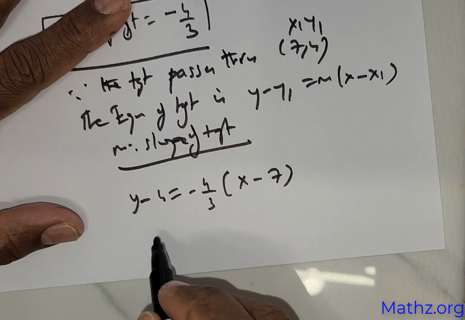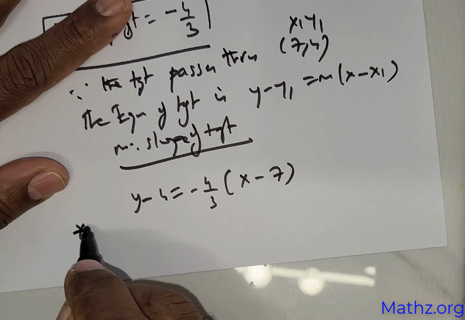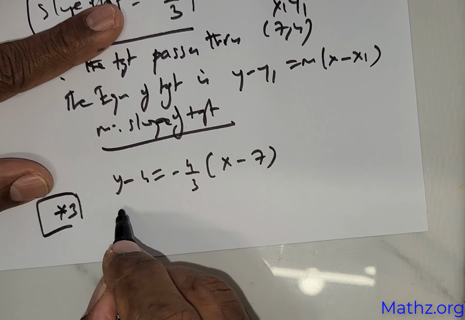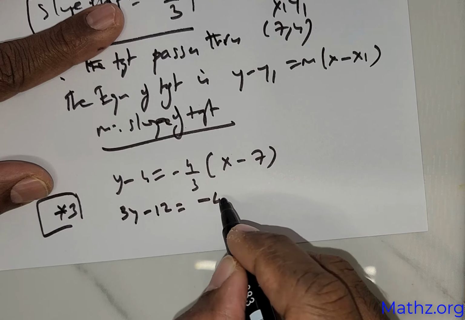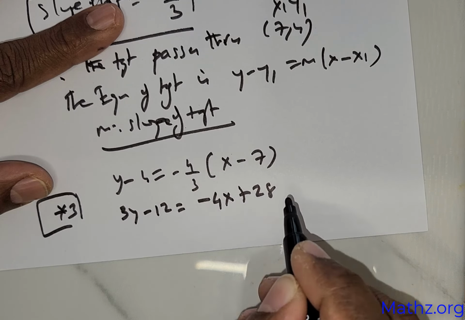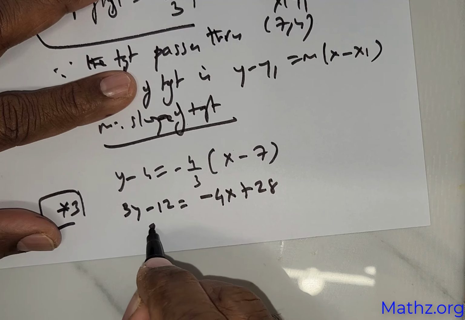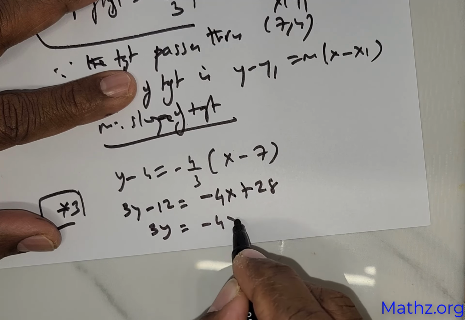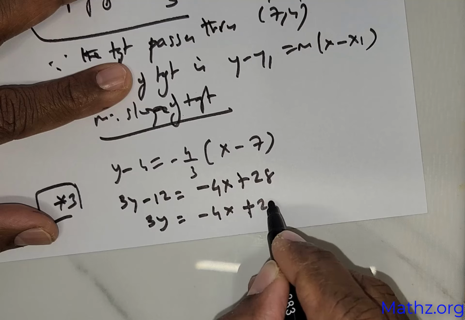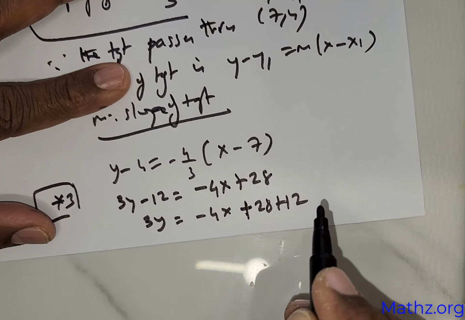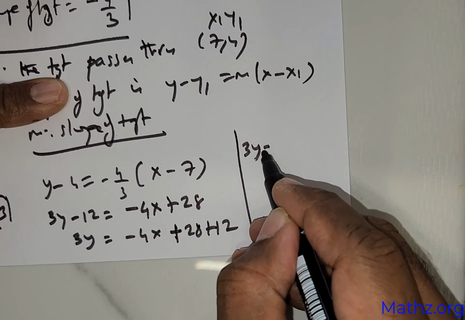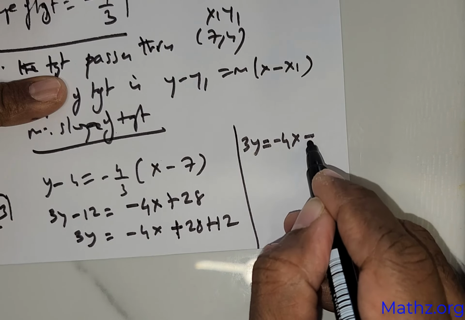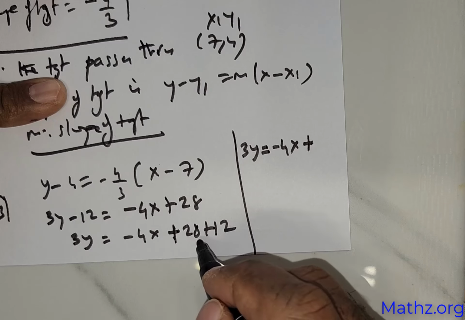Now I'm going to multiply this by 3, and that would give me 3y - 12 is equal to -4x + 28. This is 3y = -4x + 28 + 12, which can be rewritten as 3y = -4x + 40, right?